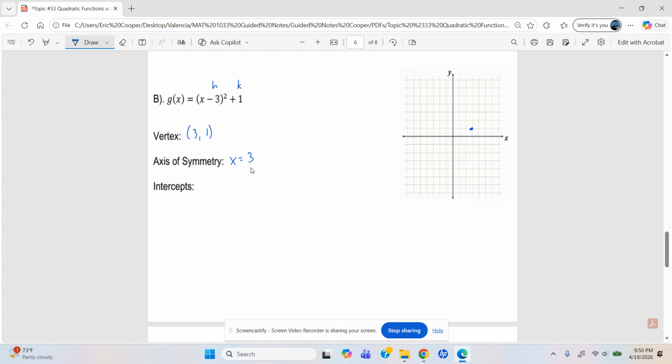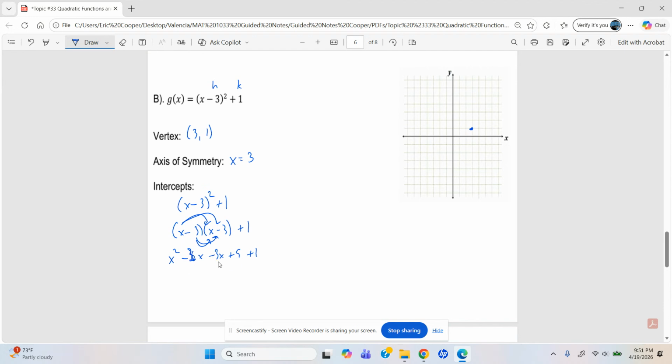Now, we can expand this out if we want to find the intercepts. In order to do this, let's multiply this out. So this is x minus 3 squared, which is just x minus 3 times x minus 3 plus 1. This becomes x squared minus 3x minus 3x plus 9 plus 1.